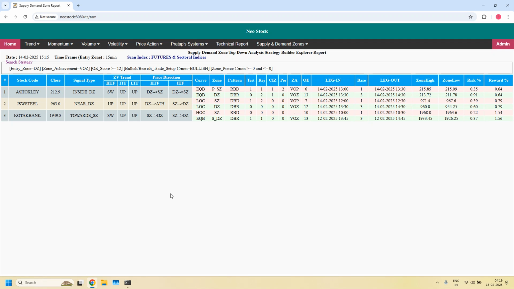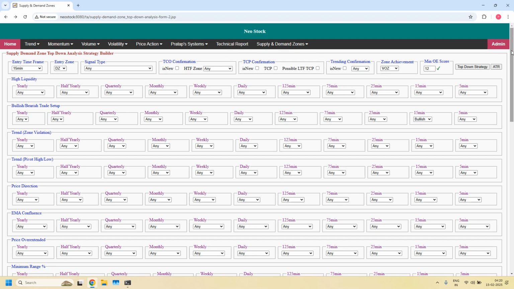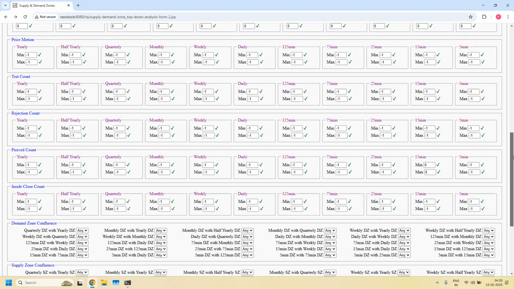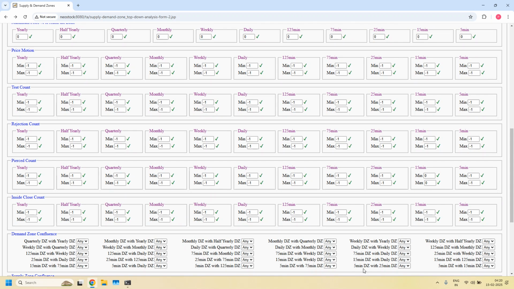So only these 3 stocks are currently supporting bullish trade setup for daily income trade. And entry time frame is 15 minutes demand zones. Out of these 3 15 minutes demand zones, how many are having ITF confluence? Let us verify. That is 15 minutes demand zone with 75 minutes demand zone confluence. This is the one.